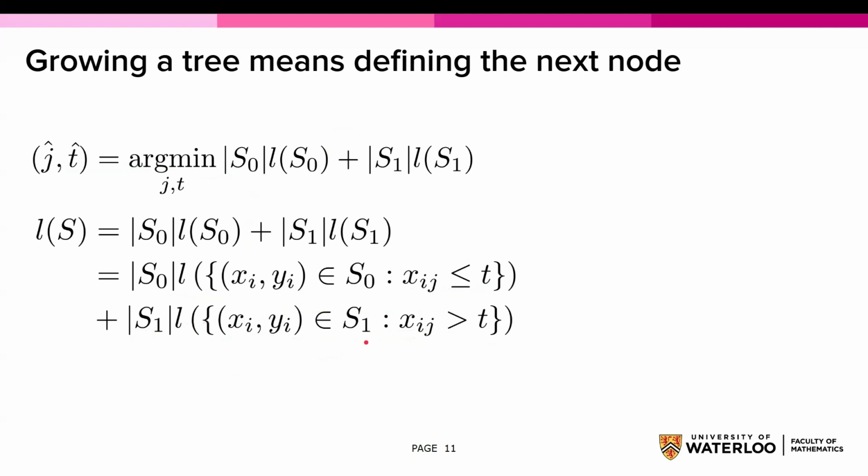Then we calculate the loss for this split configuration. The goal is to find the combination of J and T that results in the smallest overall loss, effectively finding the best way to separate the data at that step. That's just one step, but this process is repeated recursively. We grow the tree node by node until some stopping criteria is met, which we'll get into at the end of this presentation.